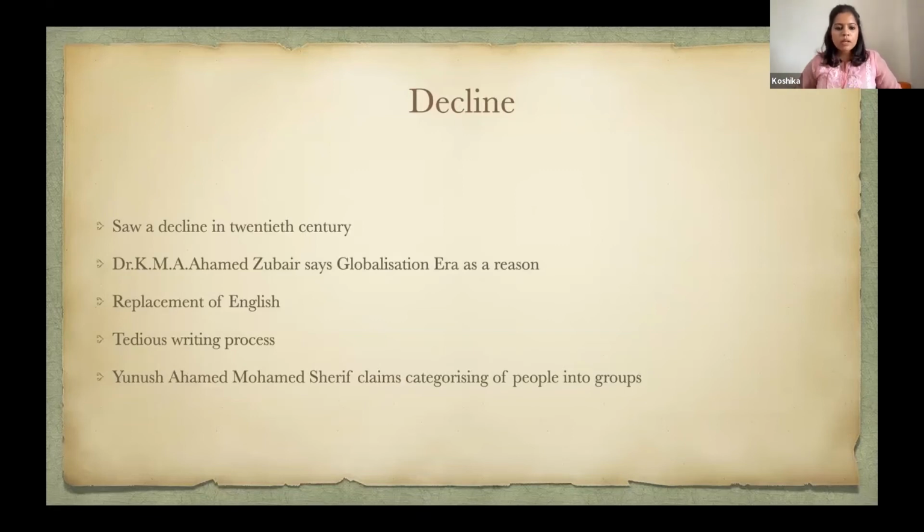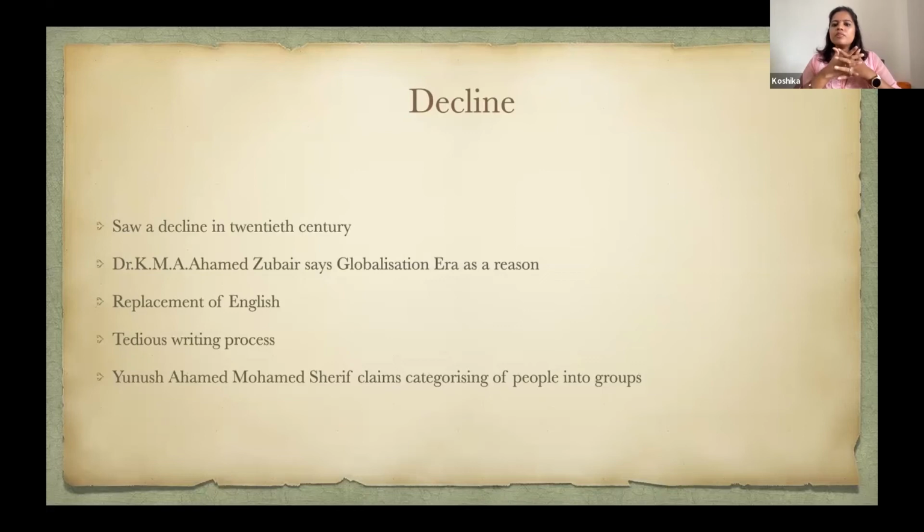So next is the decline. During the 20th century, it saw a decline. There are several reasons for this decline. Dr. K.M.A. Ahmad Zubair says that this may be due to the globalization era. As Britishers came in and started colonizing Tamil Nadu and India in general, they started to make English a standard language.